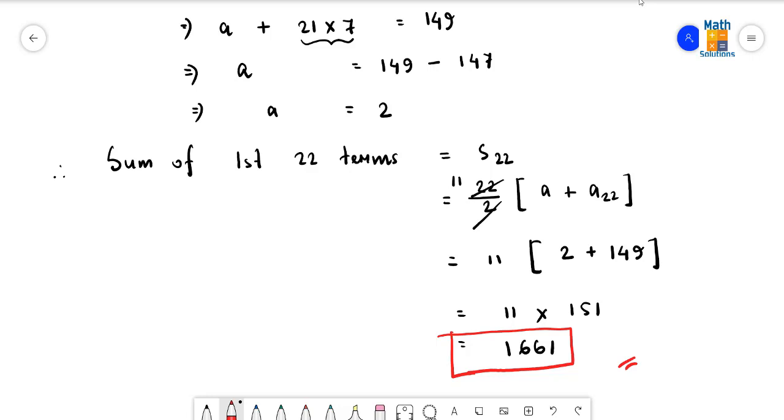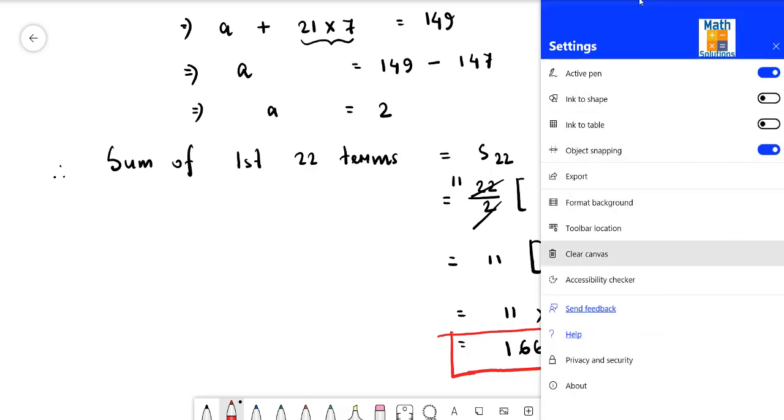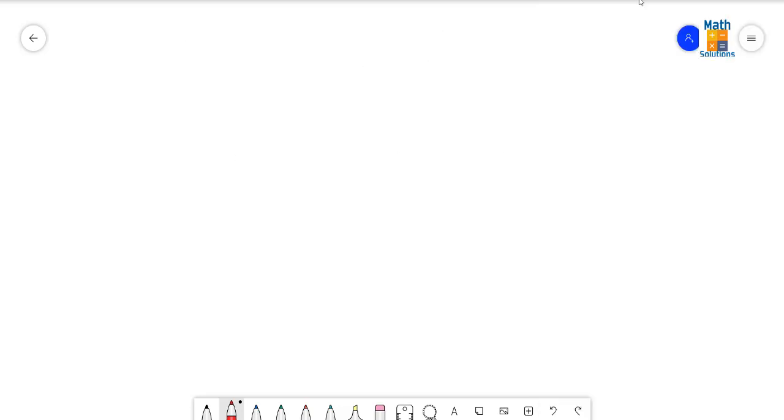Next, after this, coming to question number 8. In question number 8, this is question number 8. Let us check what it says.